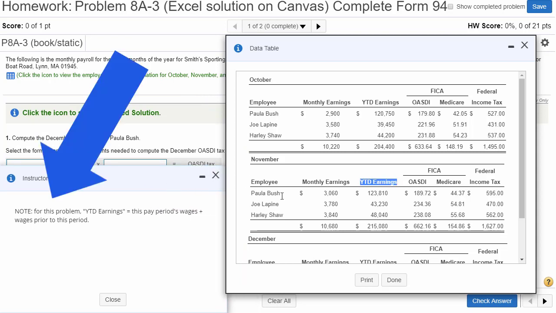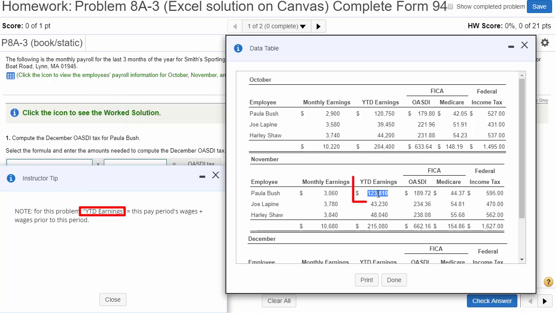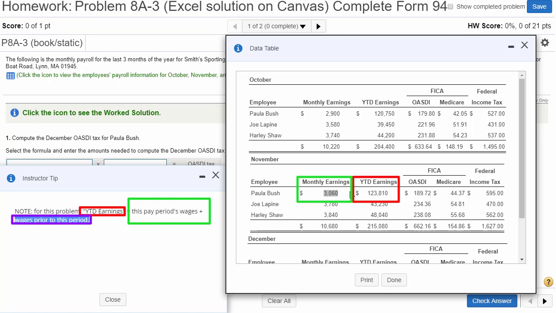What this note is saying is that this YTD earnings, for example, for Paula Bush, includes this pay period's wages, which is $3,060, plus the wages prior to this period, which is up here. So let's just do the math. $120,750.